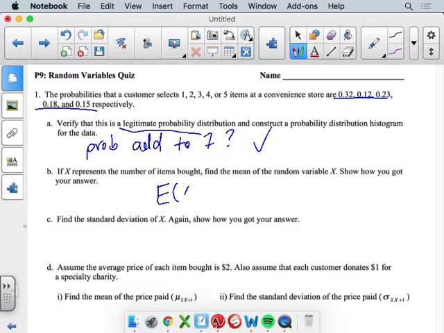So we did E of X, E to the parentheses, your variable. You can also say it with the symbol that looks like an M or a U, μ sub X. Both those are the same thing.